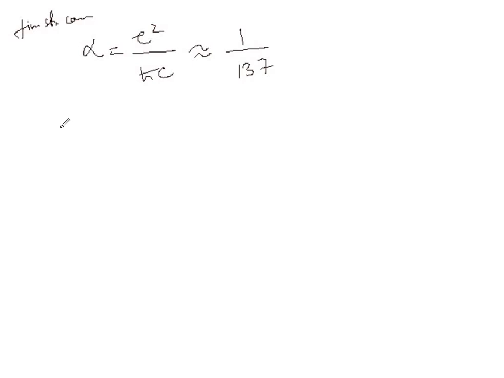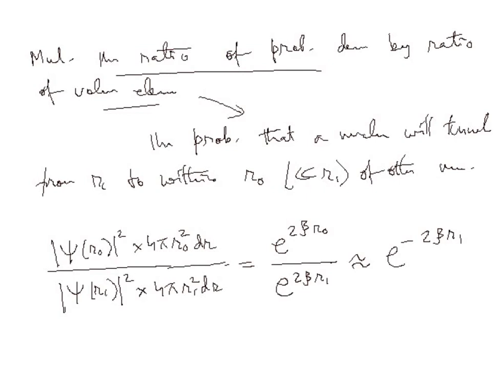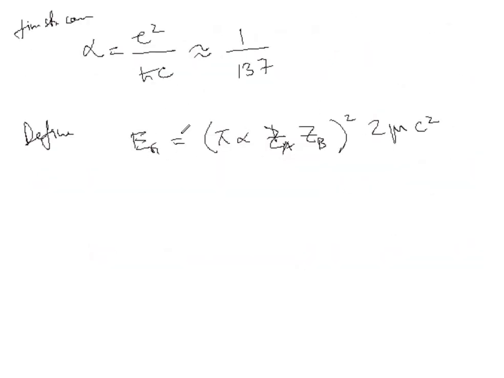And let us also define an energy Eg equal to pi alpha ZA ZB whole square over twice mu c square. I want to write this expression in a better way, and this is why I am introducing these terms.